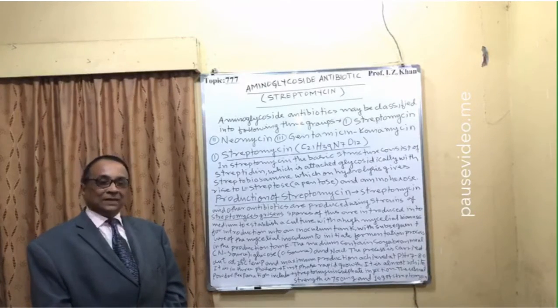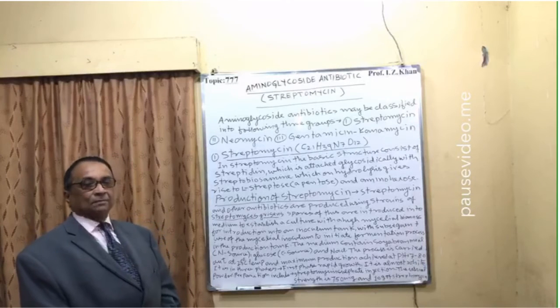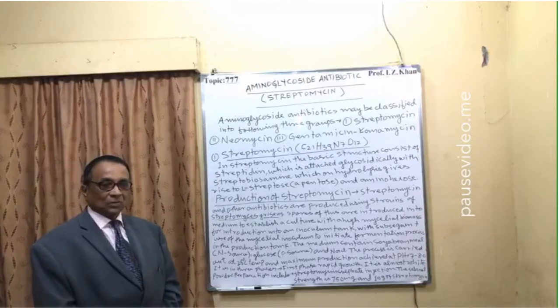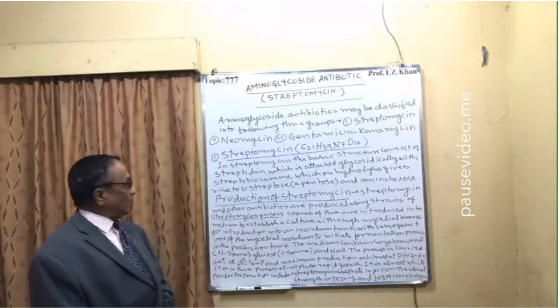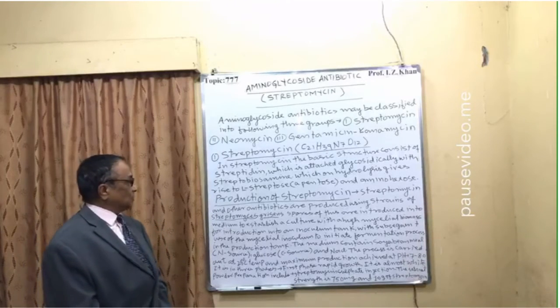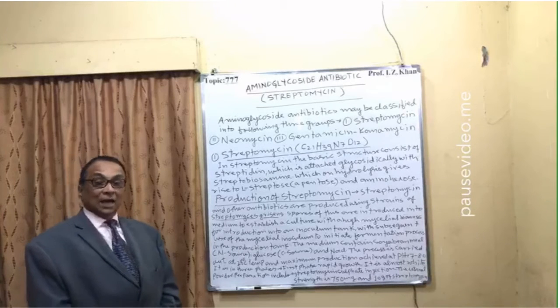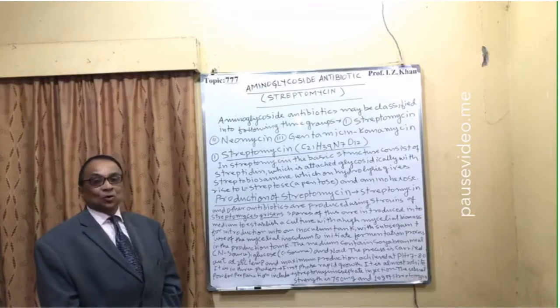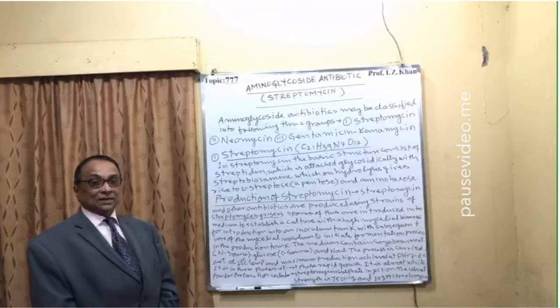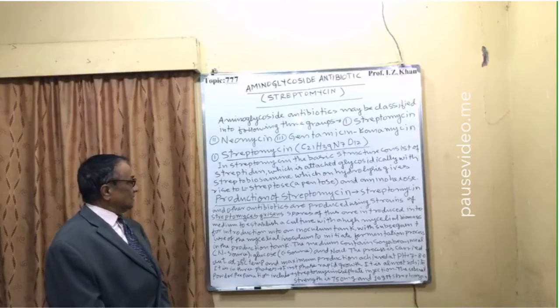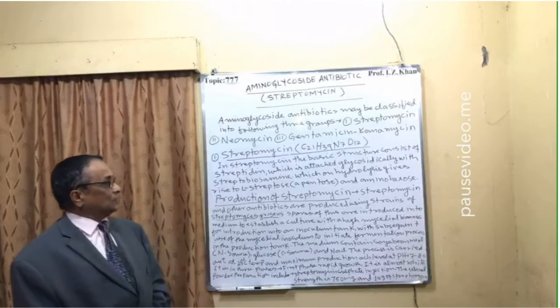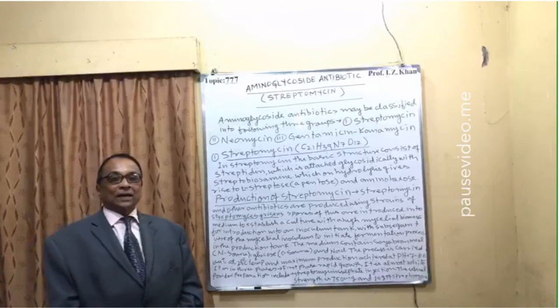And strepto means it is 5 carbon atoms. That sugar is 5 carbon atoms, that is L-streptose, and the other one is amino hexose, meaning an amino group is attached with a hexose sugar, containing 6 carbon atoms. Now the next one is the production of streptomycin. How can we produce it?